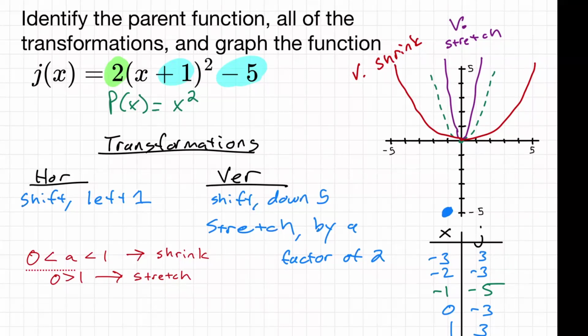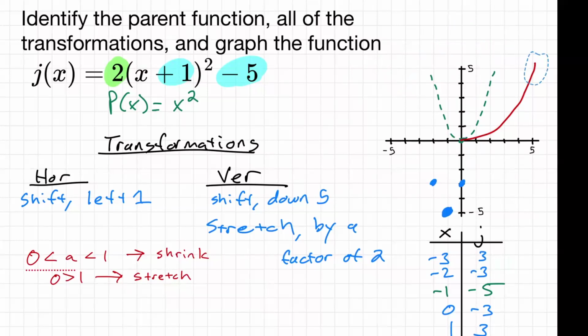But at that, you didn't even have to do anything except know a stretch is here. Now you have your points. Let's plot them out. So that would put us at -2, -3, 0, -3, and then what we said, -3, 3, and 1, 3.